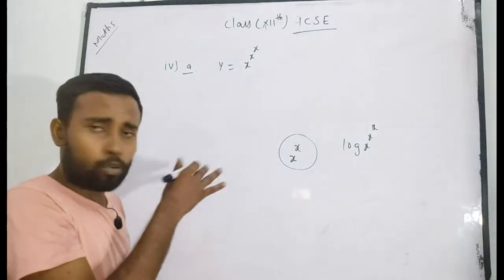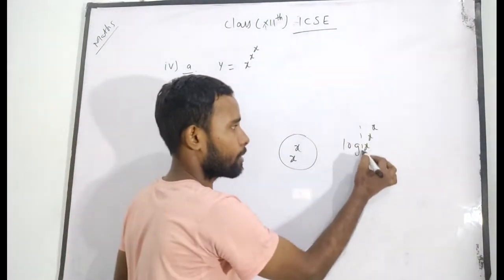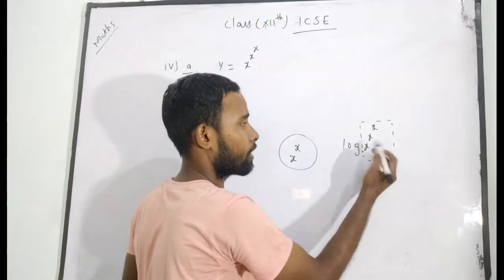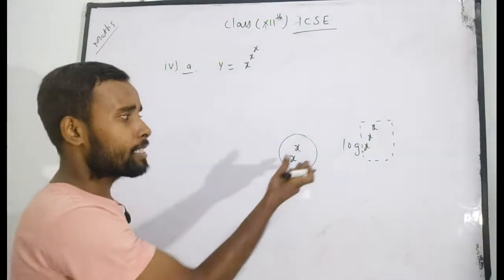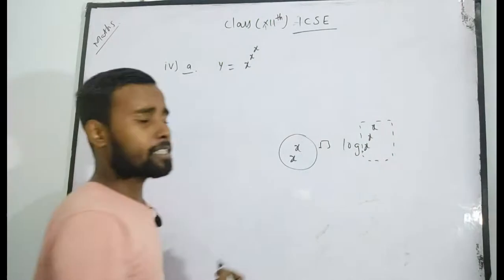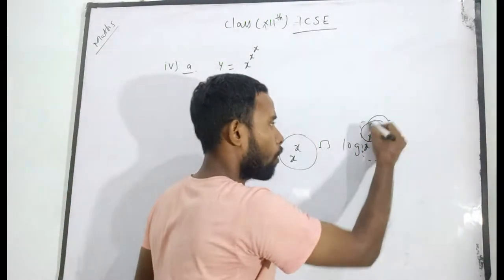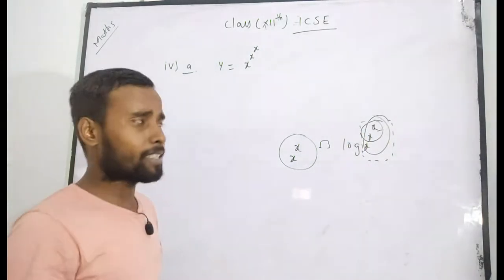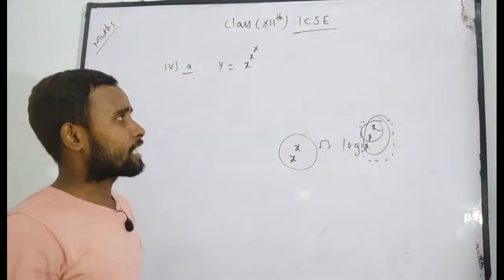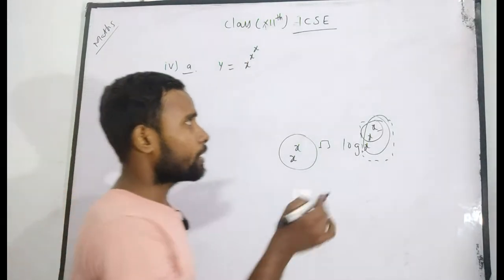Now, in this term, which portion comes in multiplication form with the logarithm: x, or x to the power x, or the whole term? It will definitely be a valid question for you. Now I want to give you a simple problem.